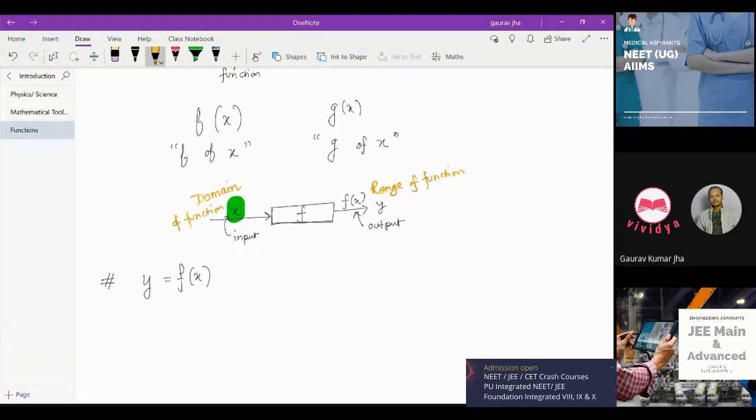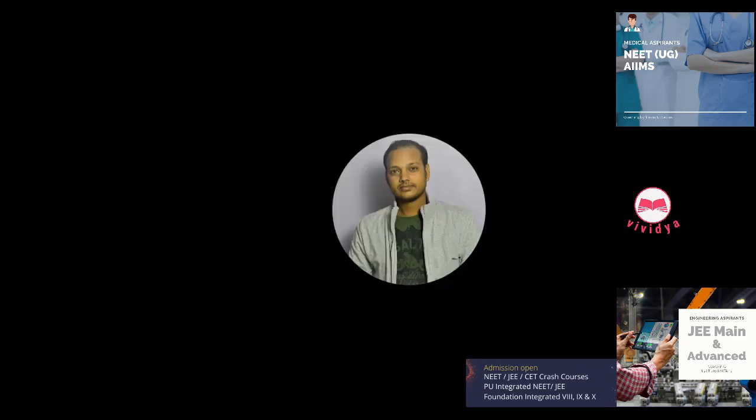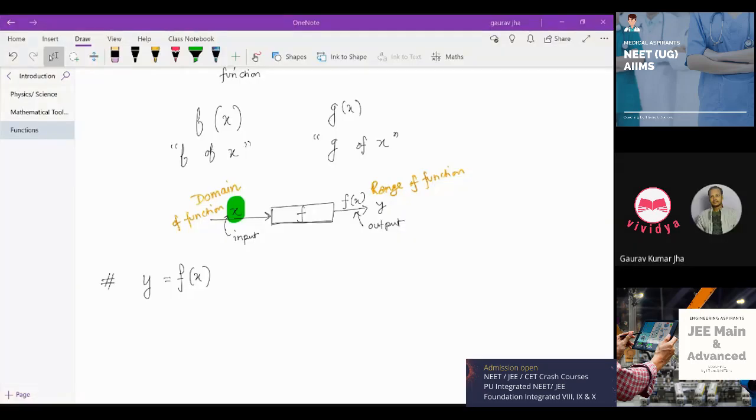Let me give you an example. So y is equal to f of x.